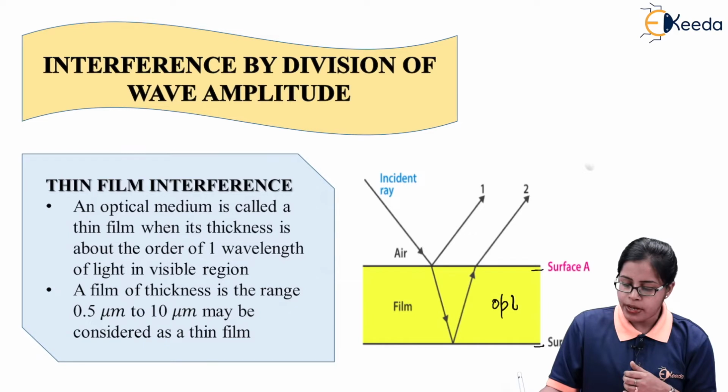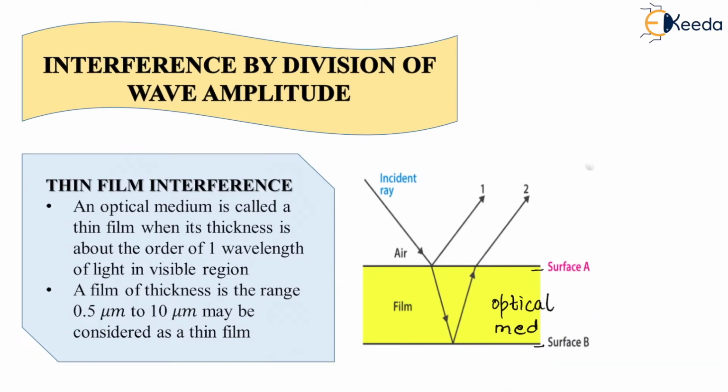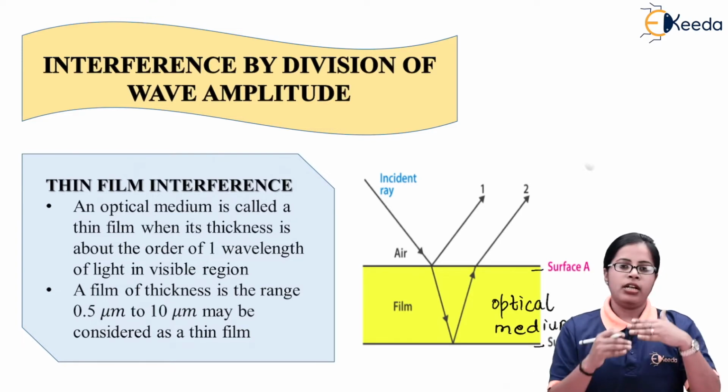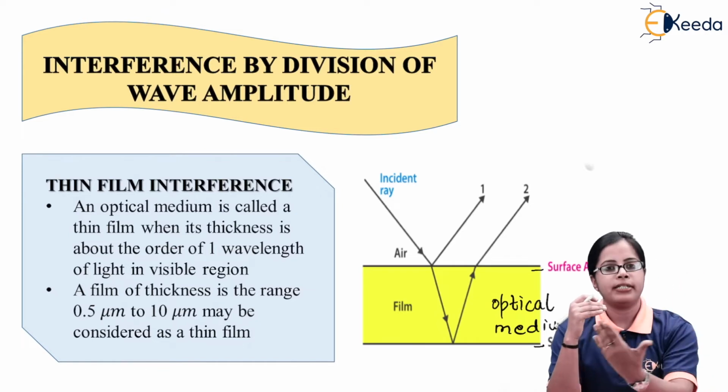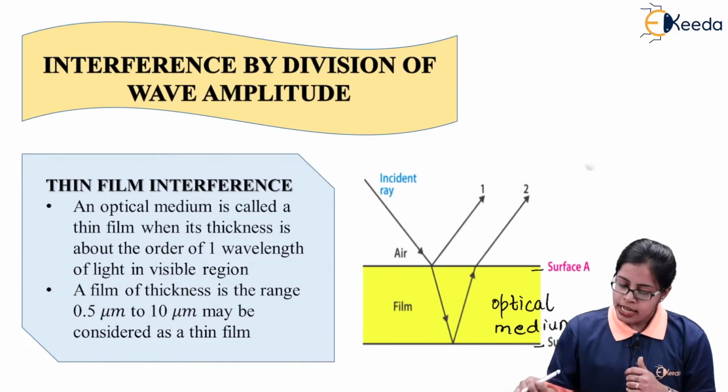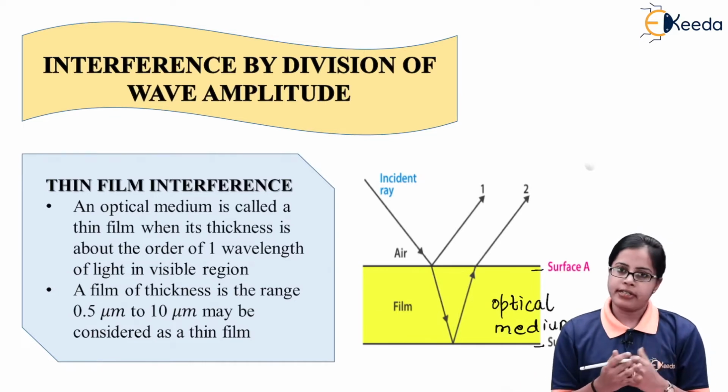This yellow part indicated over here is the optical medium. Now this optical medium is considered as a thin film, and the thin film is surrounded by the medium, that is air. Second thing, this thin film is going to have a certain thickness.